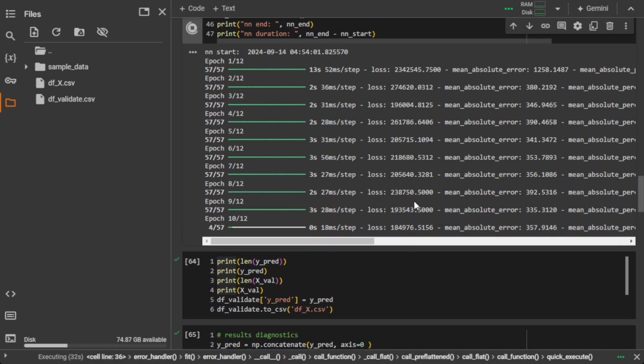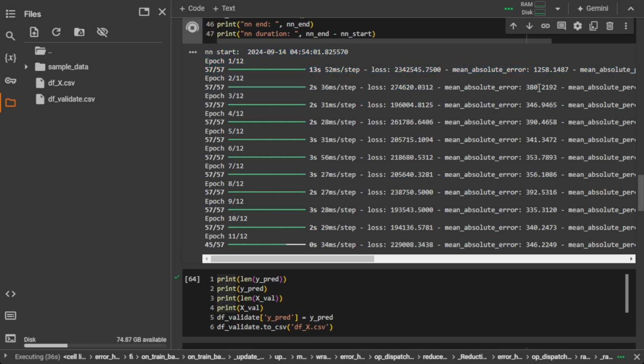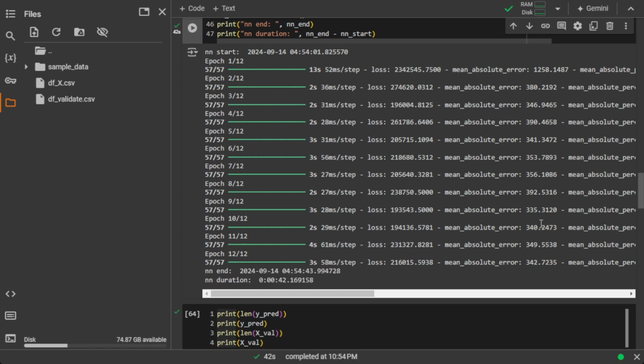Come on, come on. Again, now you can see this number is very large because we're dealing with a mean rent of $2,300, right? So $340 error on 2,300. I've got a calculator out here. 342 divided by 2325. That's 15%.